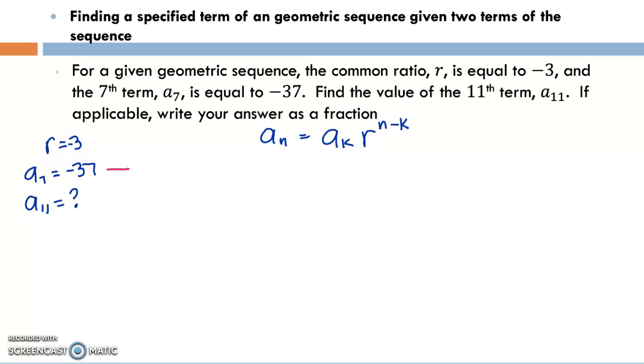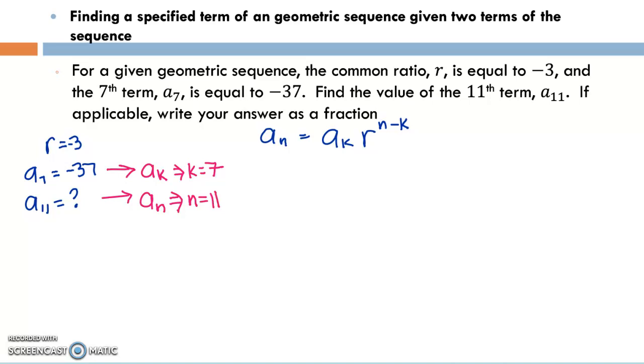Well, I'm given a sub k, so a7 is going to be my a sub k. That means that k is going to equal 7. I'm trying to find a sub 11, so that is my a sub n, or my nth term, which means that n is going to be equal to 11. And then I have my r as negative 3.